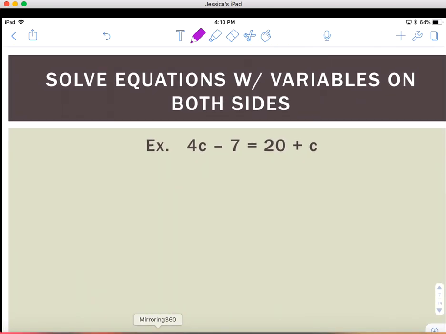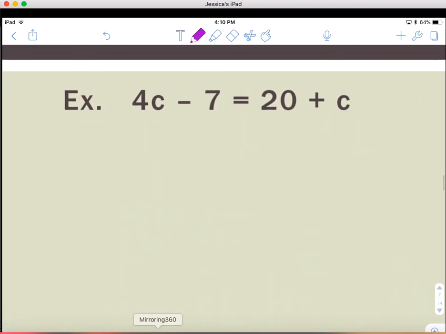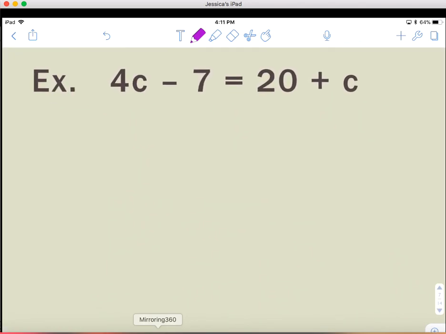Here's our next example. We have 4c minus 7 equals 20 plus c. I have variables on both sides, and remember my advice is to move the smaller one. You can move 4c, but it's better if you move c to avoid negatives. The opposite of adding c is to subtract c on both sides. You can only subtract c from 4c because they have to be like terms.